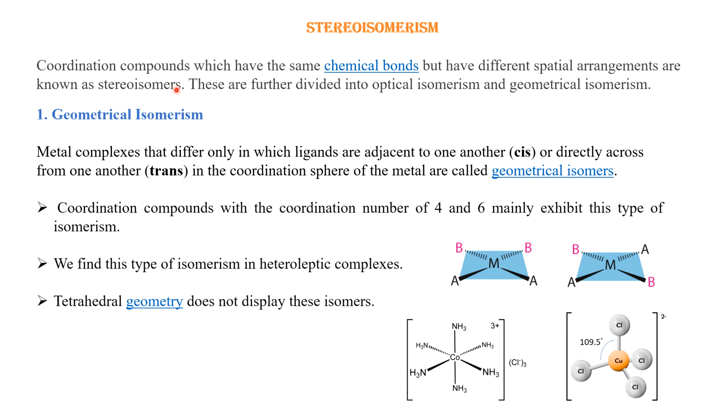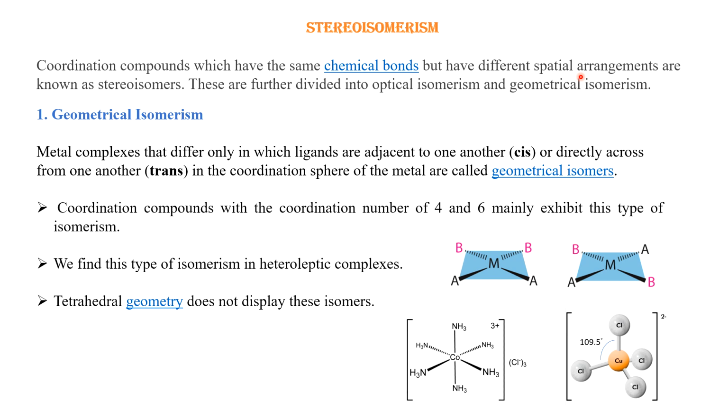That means the bonds between the metal and ligand will also be the same, because in the previous case we have seen the bond between metal and ligand may be different. Some are directly bonded with the metal, some are outside the coordination sphere. Such changes may happen in structural isomerism. But in stereoisomerism, the bonds will be the same, but all the molecules are three-dimensional, right? They are distributed in space.